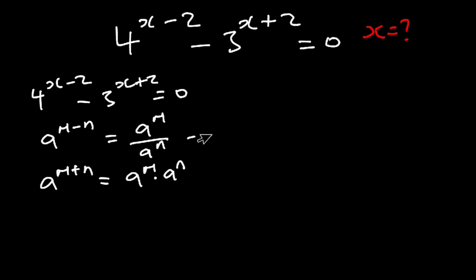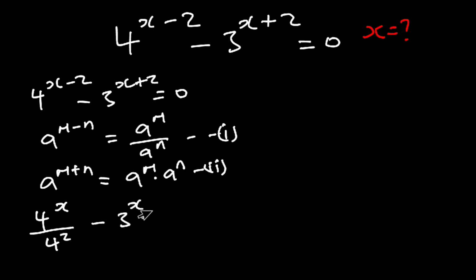We are going to apply the first equation to this part of the equation, and the second equation to this part. Now we have 4 raised to power x divided by 4 squared, minus 3 raised to power x multiplied by 3 squared, equals 0.